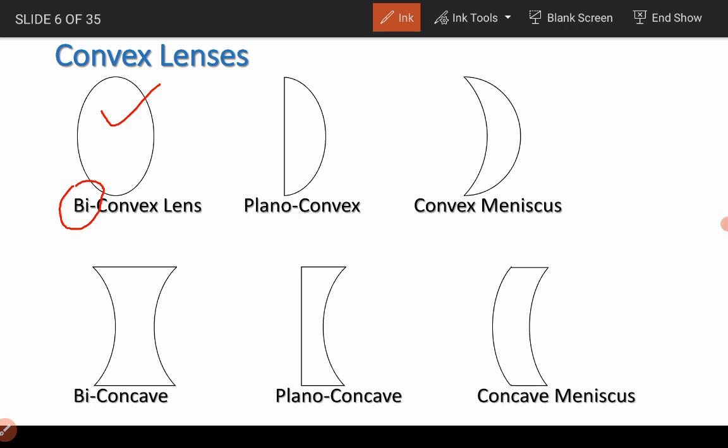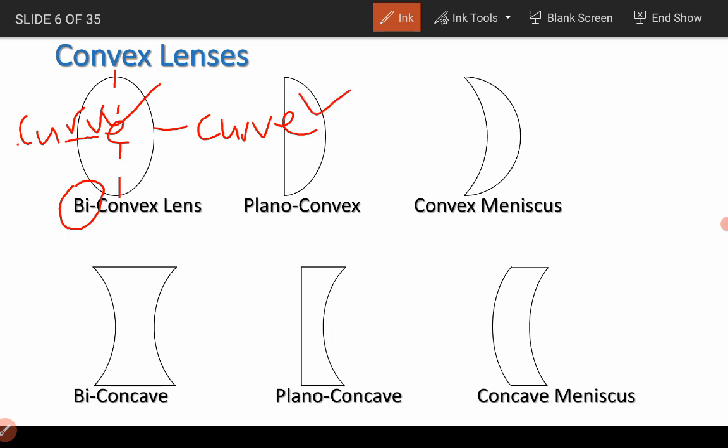And since it has two faces, if you cut this in the middle, you see this side is curved. This side also is curved. So since there are two curved surfaces, we call it biconvex lens.